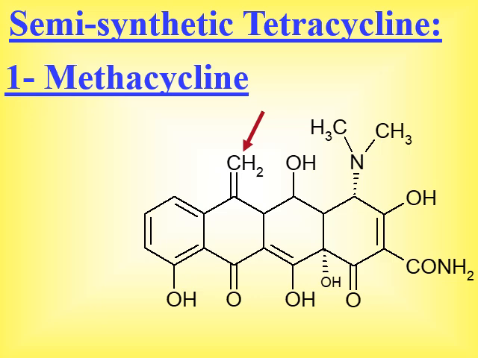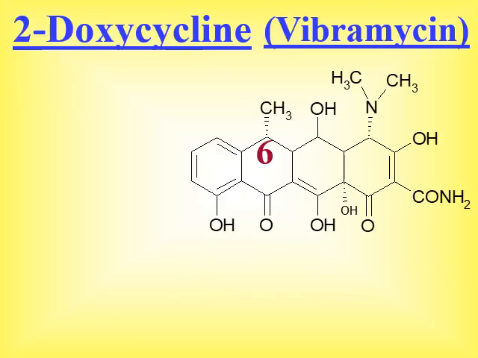Another semi-synthetic tetracycline from oxytetracycline is doxycycline, which is known as vibramycin. It also has no hydroxyl group at position number 6, so it is stable to acid and bases.